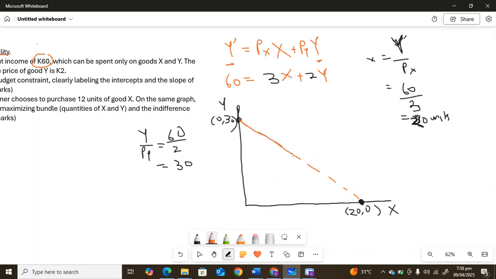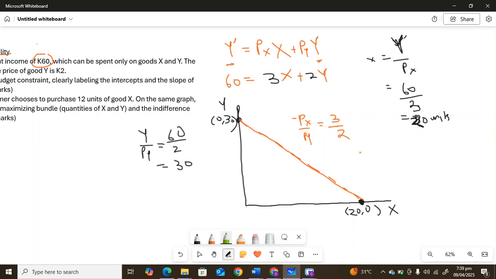Okay, so this is how you draw your budget constraint equation. And they also told us we have to put in the slope. So the slope here is px over py. The price of good x is 3 kwacha. The price of good y is 2 kwacha.